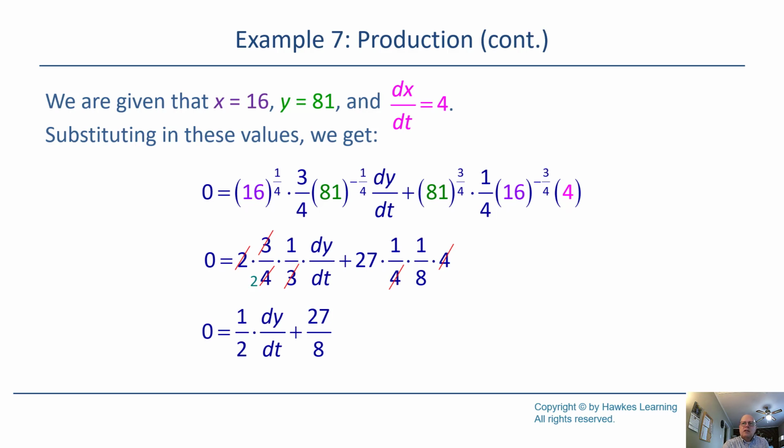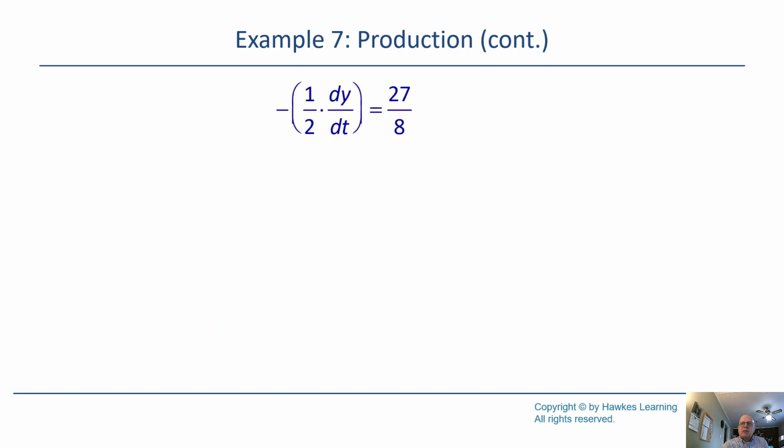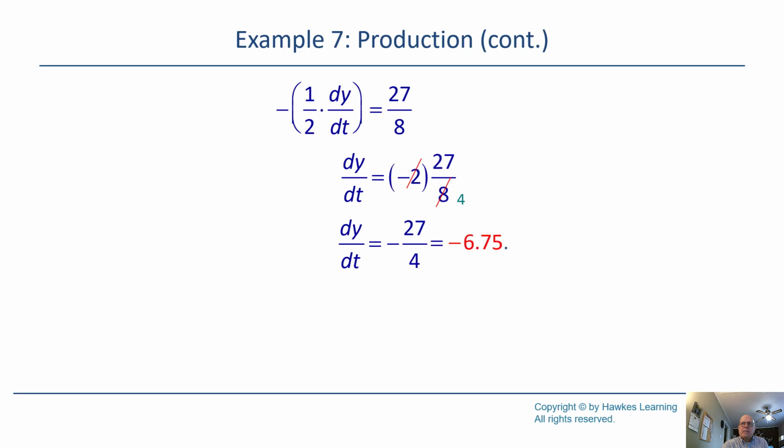Well, we've got an equation with a derivative, and this dy dt is what we wanted. So we'll move that 27/8 to the other side. We'll divide both sides by negative 1/2, or multiply by negative 2. And there's our dy dt, negative 6.75.